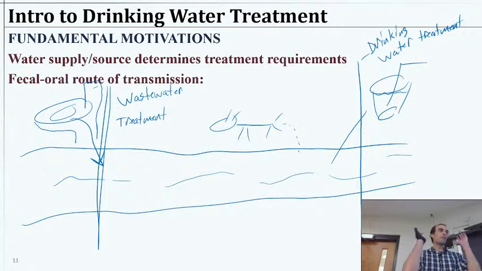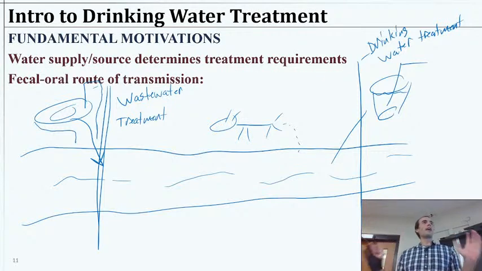But this route of transmission sounds pretty dumb, but it's actually kind of essential. If you had access to water that never ever could have encountered anything's fecal matter, then it's actually probably a pretty good chance it's safe to drink, at least microbiologically. The thing is in our warm-blooded guts, there's bacteria. We like the bacteria to be where they need to be to give us some benefits, help us digest our food.